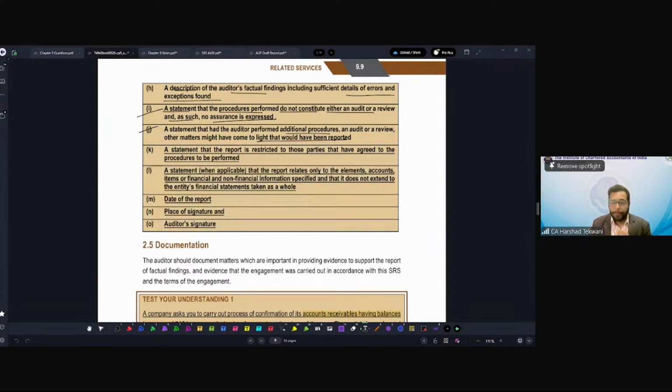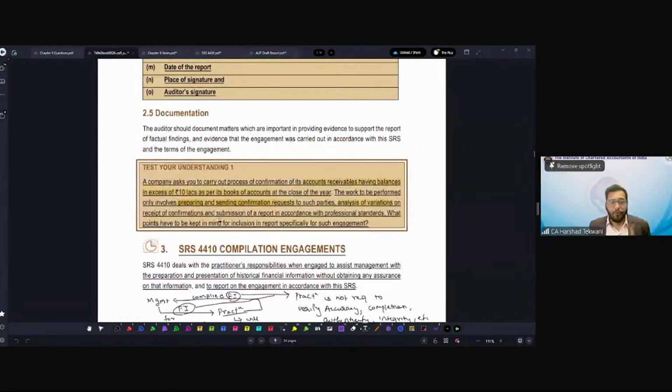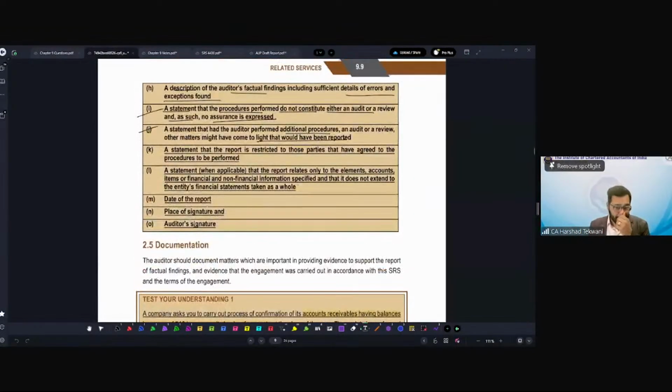No? Okay. If no doubt, let's proceed and move to the next SRS, that is 4410, compilation engagements. What does that mean? What does a compilation engagement include, and how is it different from agreed upon procedures?